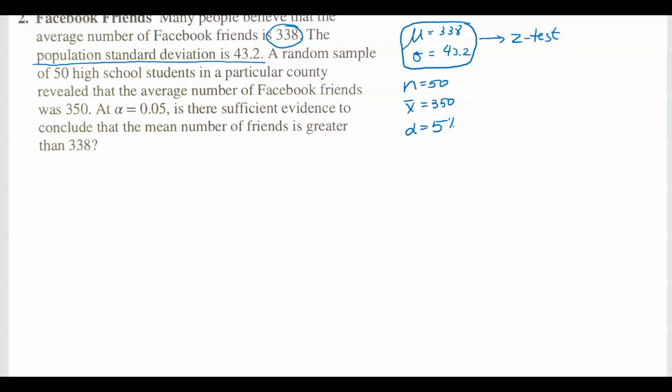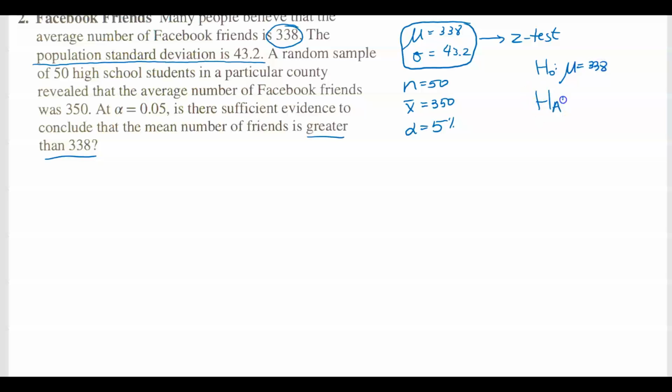Okay, second thing, what is given to me here essentially is the fact that I'm asked about the mean being greater. So when I'm setting up my null, okay, that would mean the status quo is that it's 338, okay?